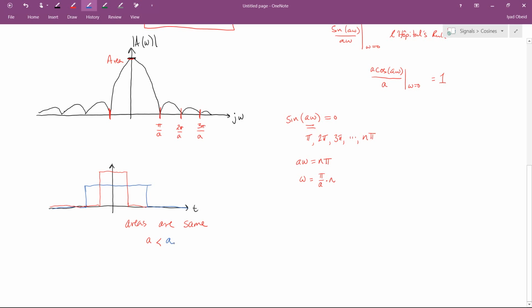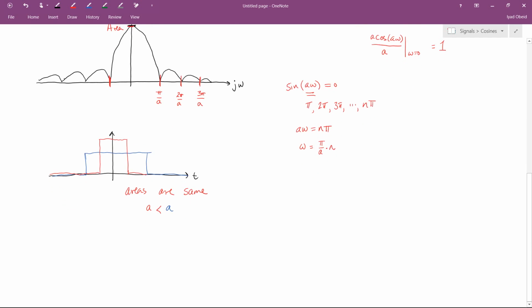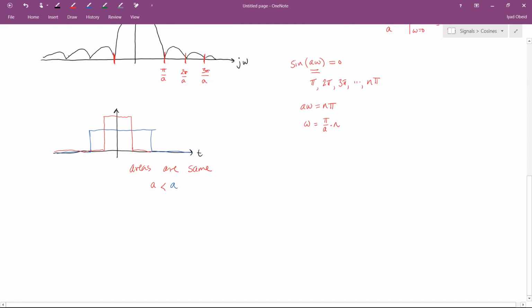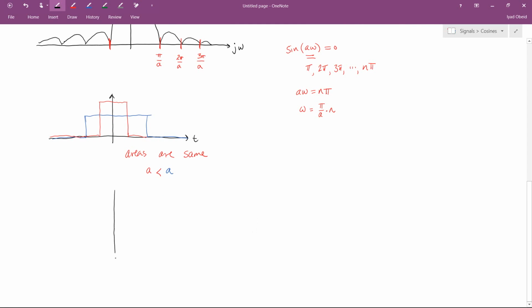Okay? So what does that mean in terms of the Fourier transform? Well, it means a couple interesting things. We know that if A gets smaller, the zero crossings, 1 over A, get bigger. So in other words, if we were to look at the corresponding magnitude responses, let's say the blue signal had a Fourier transform that looked like this.